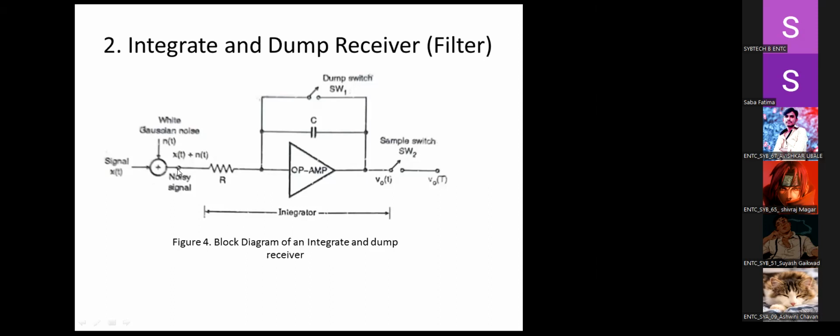This noisy signal travels from the transmitter to the receiver. What noise do we assume? We assume additive white Gaussian noise, which we learnt in the previous slide. Correct? Then what happens? Now this circuit, from this resistor part, one second.